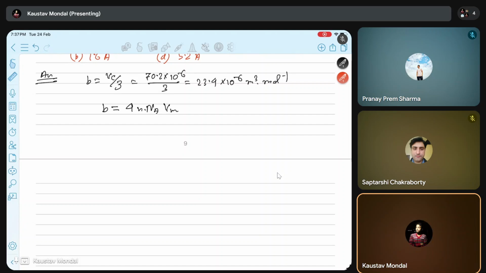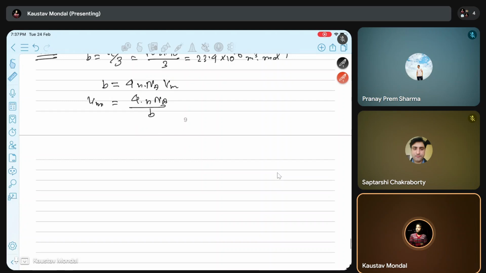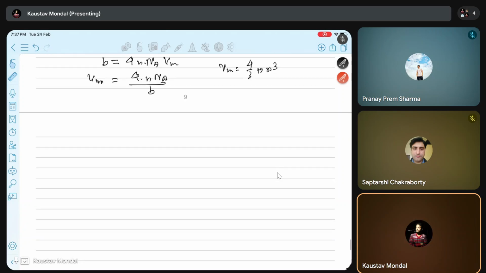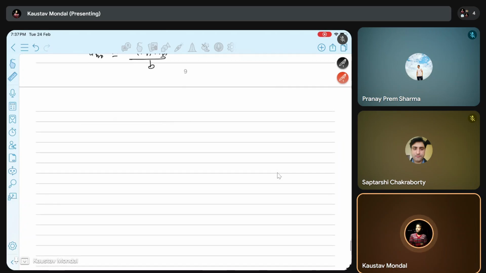So Vm will be equal to b by 4 n Na. Vm is nothing but 4 by 3 pi r cube, right? So that means r we can write as (3b by 16 pi n Na) to the power 1 by 3.